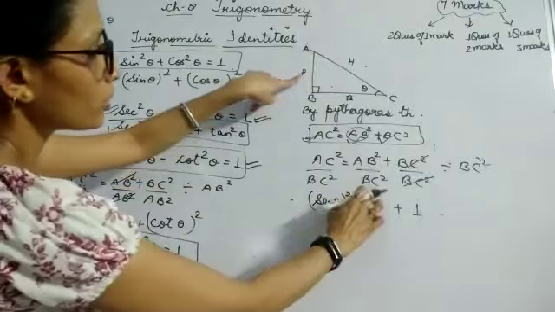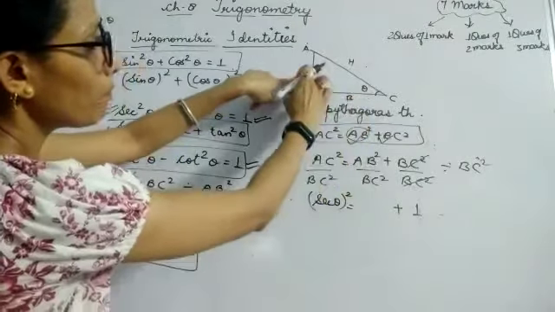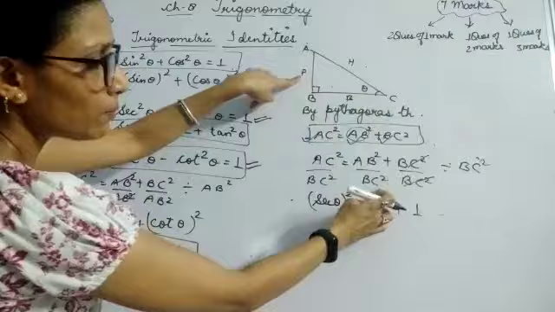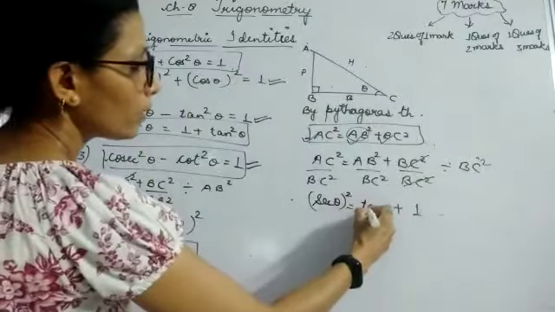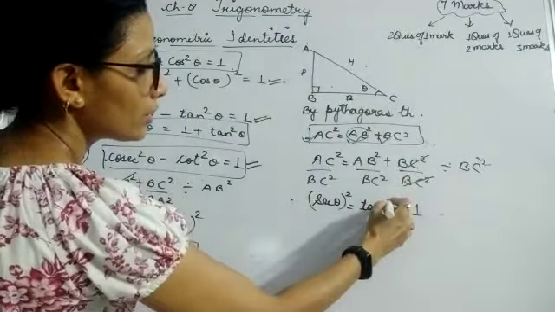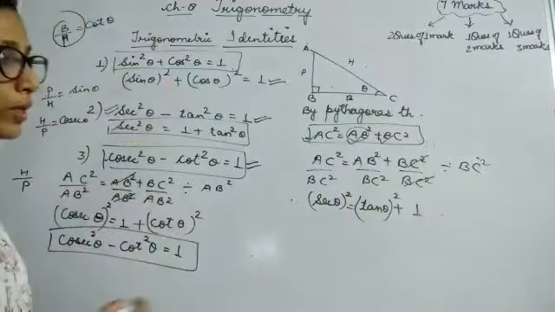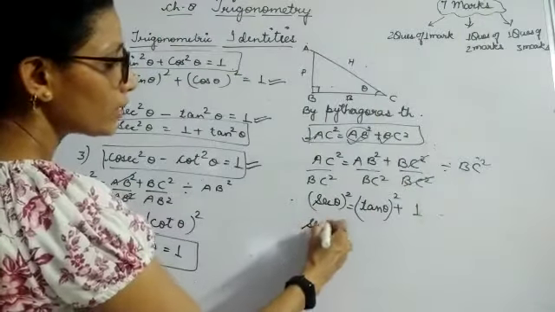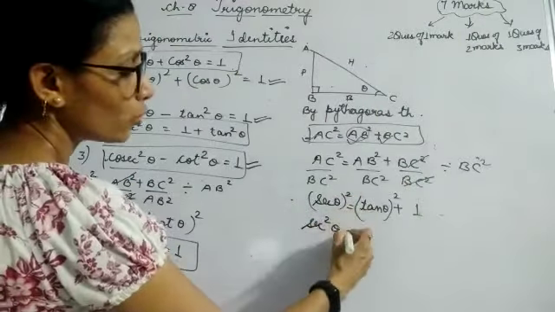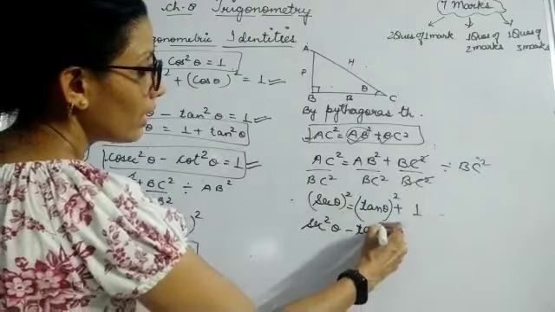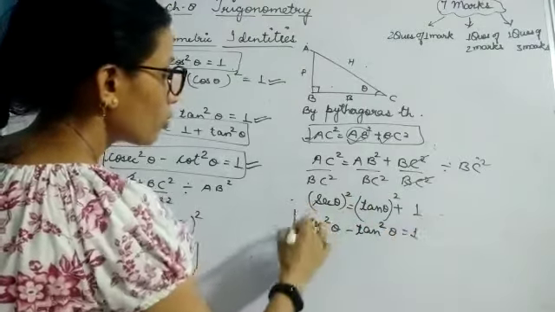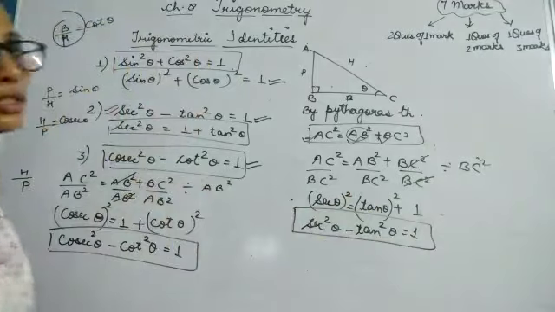P. And what is your BC? B. P by B. P by B is what? Tan theta. So I am writing it as tan theta, and since it is square, so I am writing it as square. I can frame it like this: sec square theta, tan square theta can be taken this side, and this gives me equal to 1. So this is your last identity.